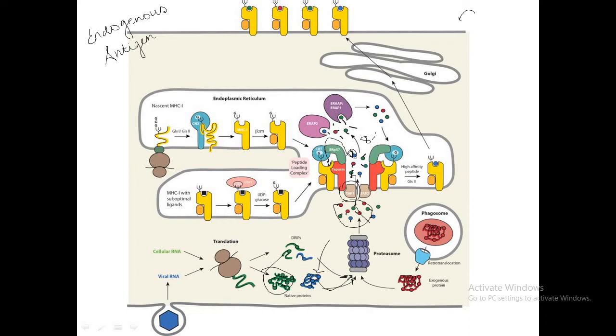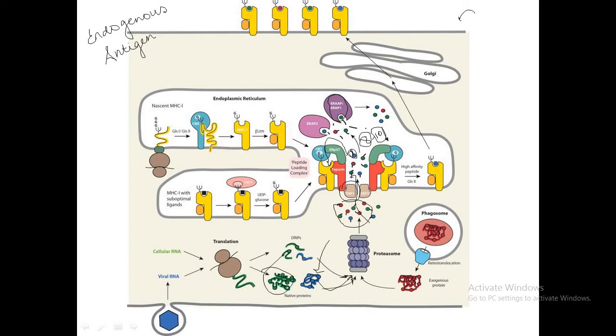If the protein is more than 8 to 10 amino acids, it will undergo further cleavage via endoplasmic reticulum associated proteases to bring it to a size of about 8 to 10 amino acids, since a protein that consists of more than 10 or 12 amino acids will not be able to bind here. So it needs to get chopped into small fragments of about 8 to 10 amino acids.